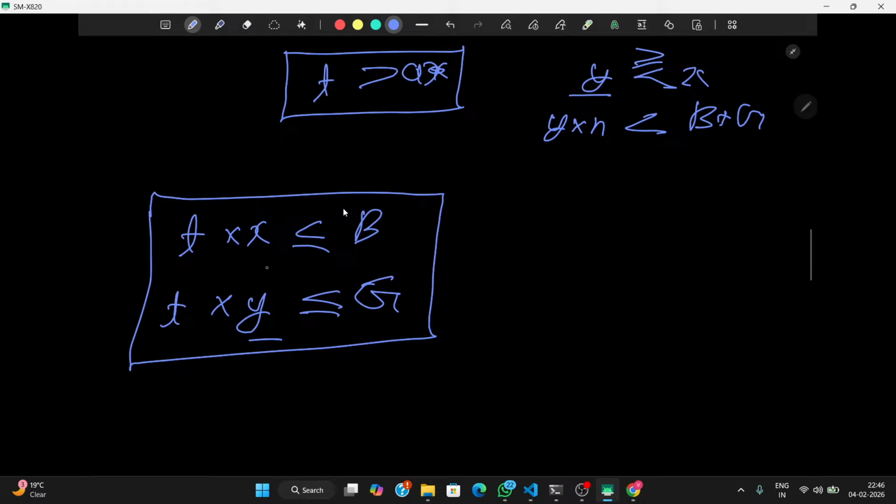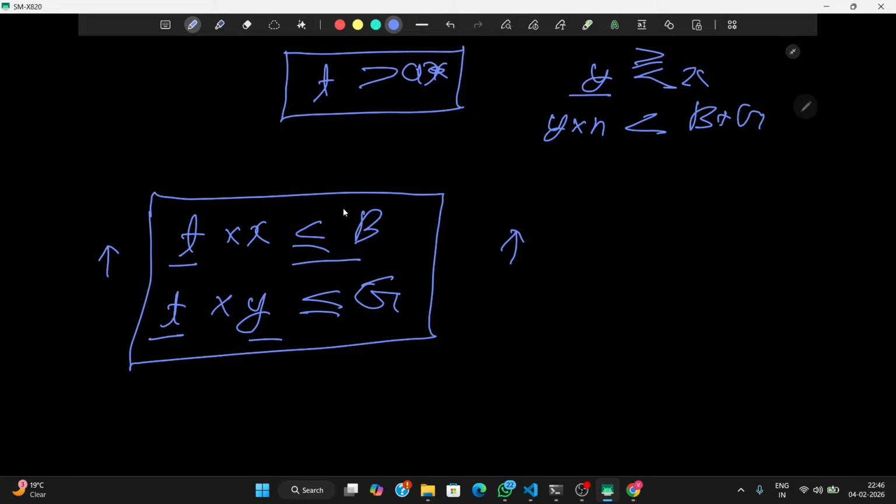So we can simply see that for this equation, if t becomes larger, this equation will eventually become false.